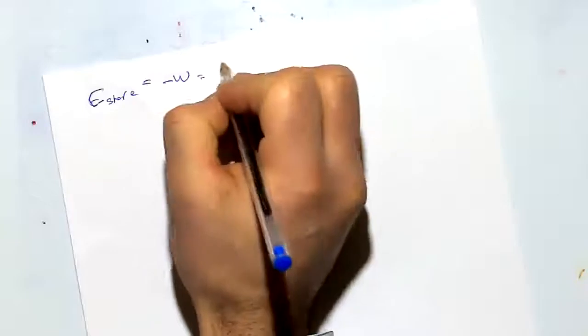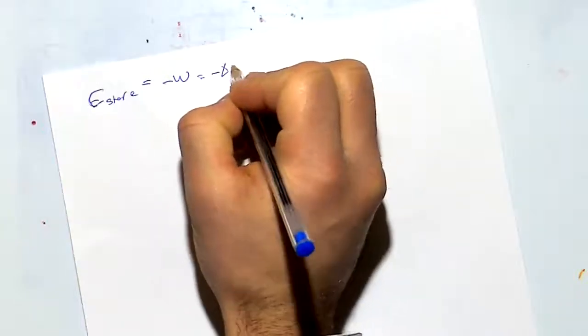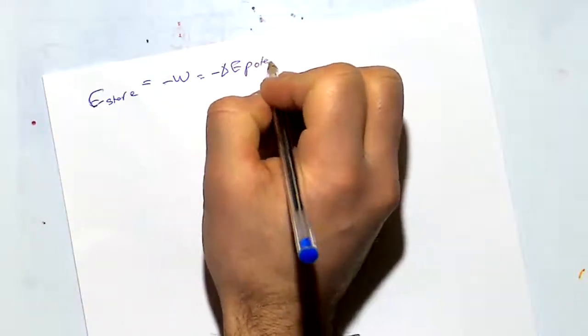E store equals negative work, which equals the negative change in potential energy. You need to note the thermodynamic state of the system does not change in this process, right?